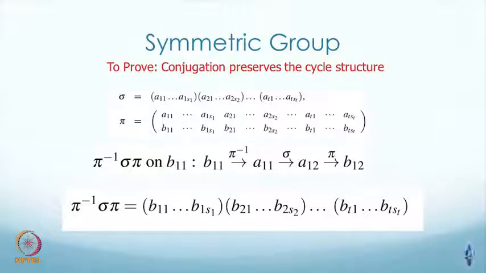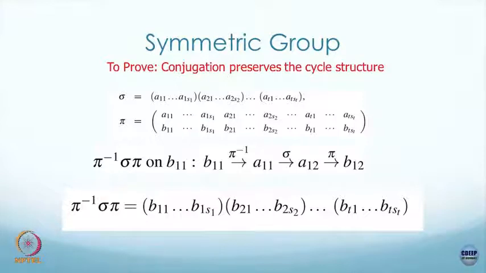It is a reverse operation. B11, a specific element, under the inverse of pi will go to A11. Under sigma, A11 will go to A12. Again you do a pi. If you do a pi on A12, it goes to B12.